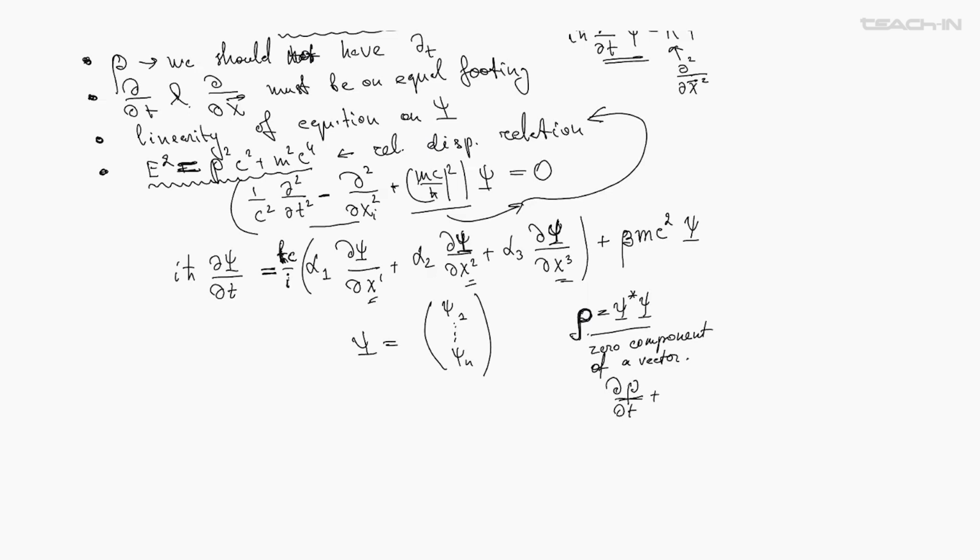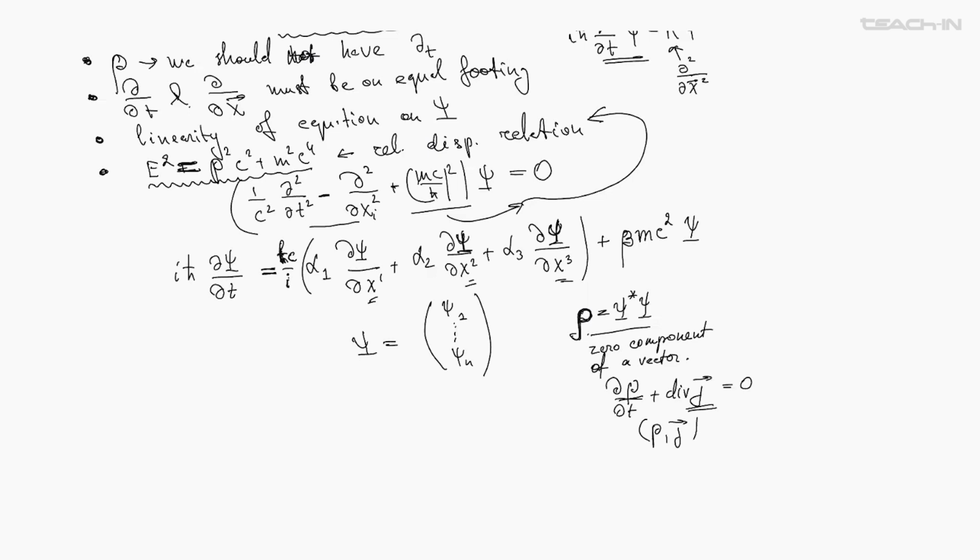So this would be a vector defining probability density and probability current, and it's a 4-vector. So rho must be a component of a 4-vector. So it means that psi cannot be just a scalar in this case.